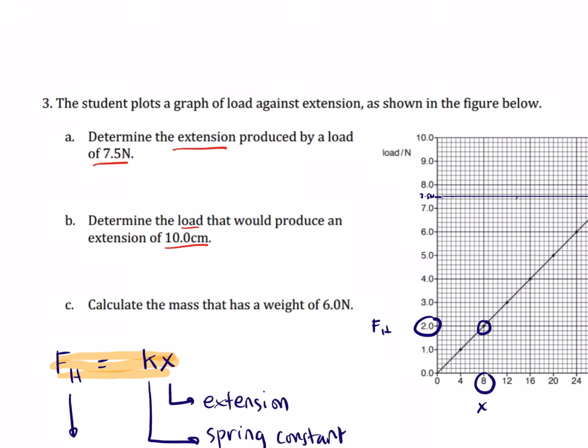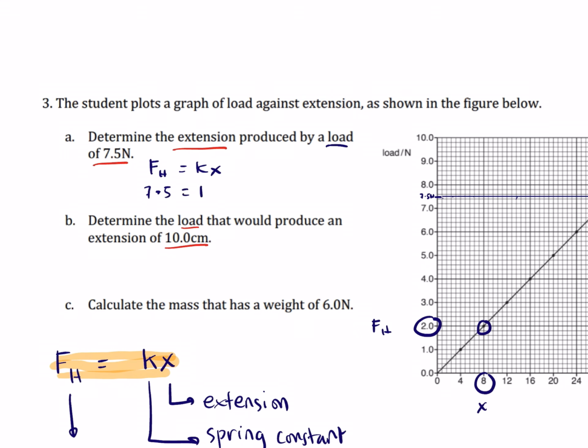So we have FH is equal to KX. So when we want to know the extension when the load is 7.5 newtons, therefore, we will have our load, which is our FH. So this is going to be 7.5 newtons.